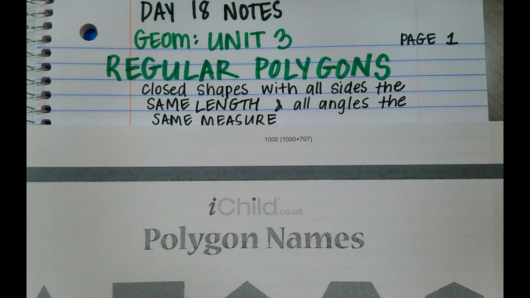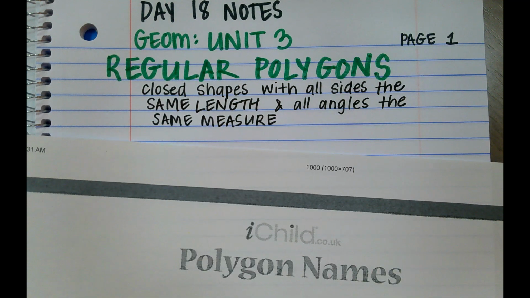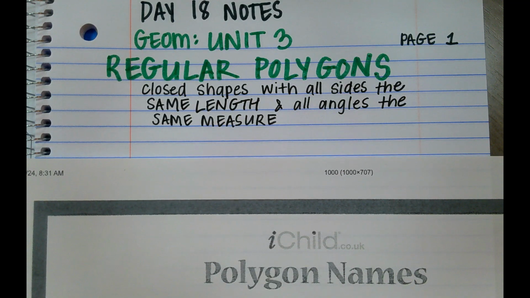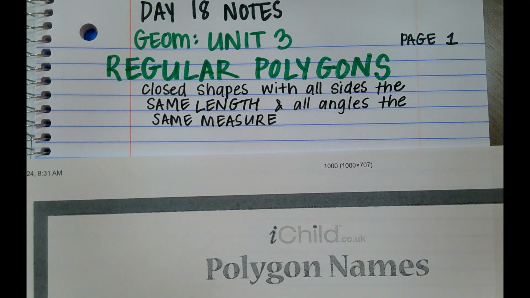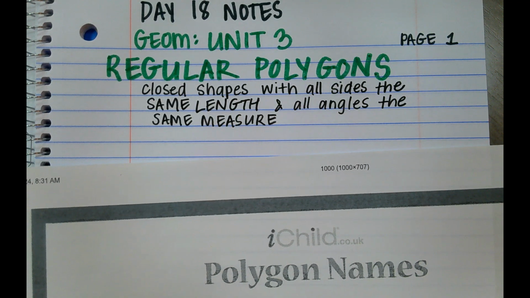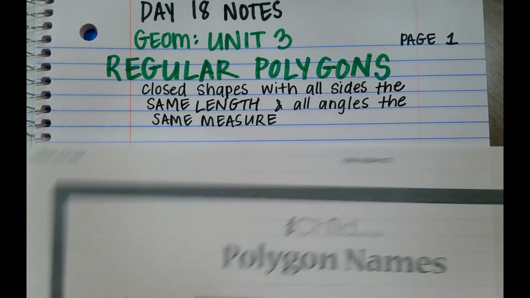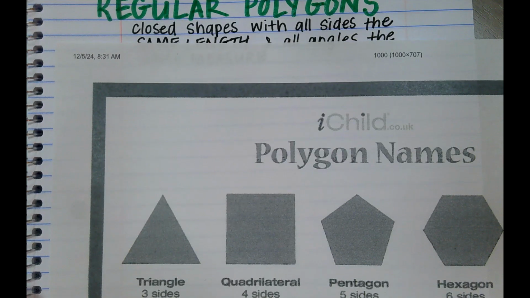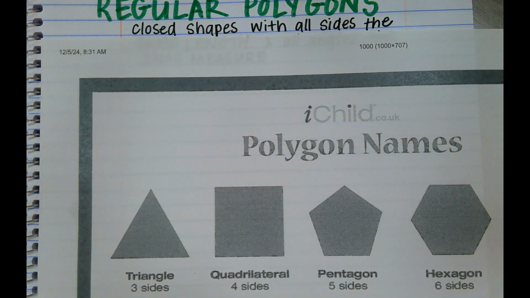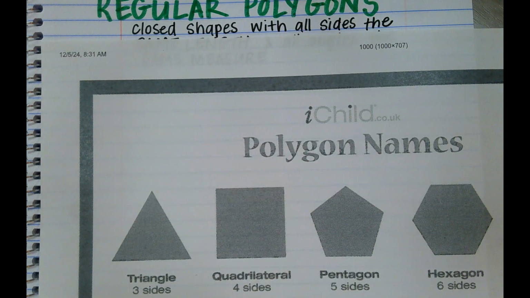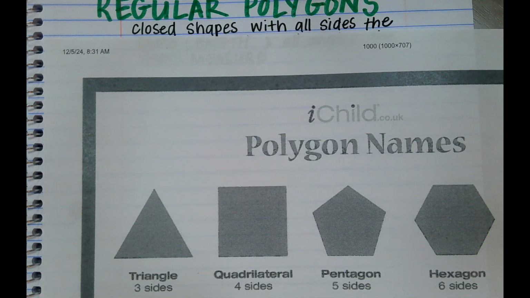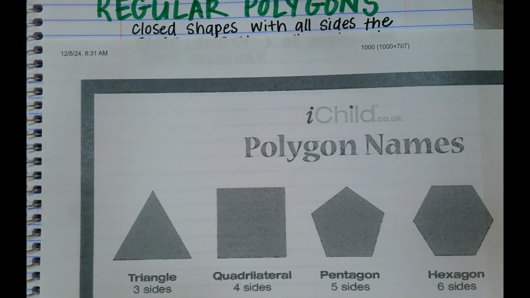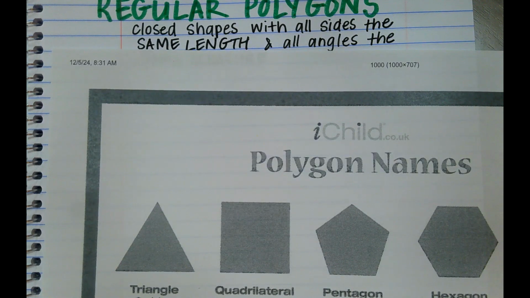Now, regular polygons can refer to any shape with the same side lengths and the same angle measures. It can have a lot of different numbers of sides. Like on this handout here, we have a triangle, a quadrilateral, a pentagon, a hexagon, a heptagon, octagon. It goes on and on and on. That would make a lot of formulas if we were going to have one formula for every single shape.